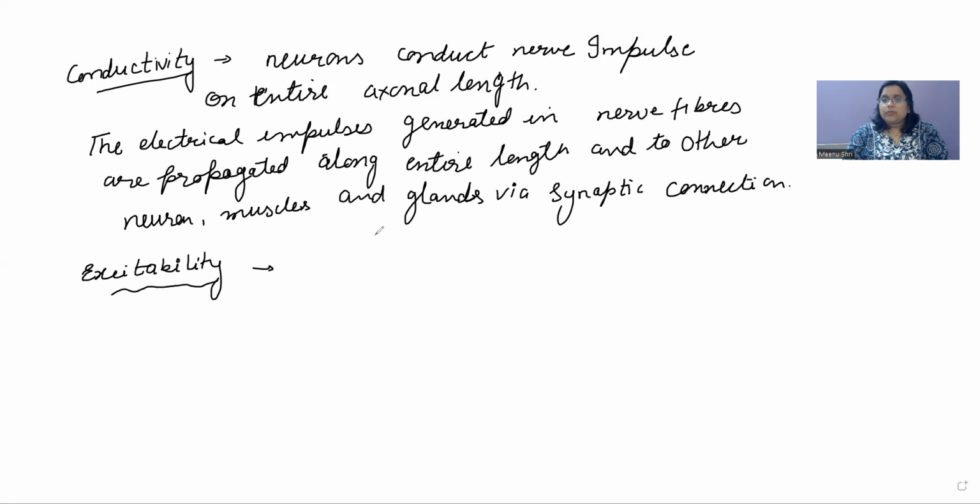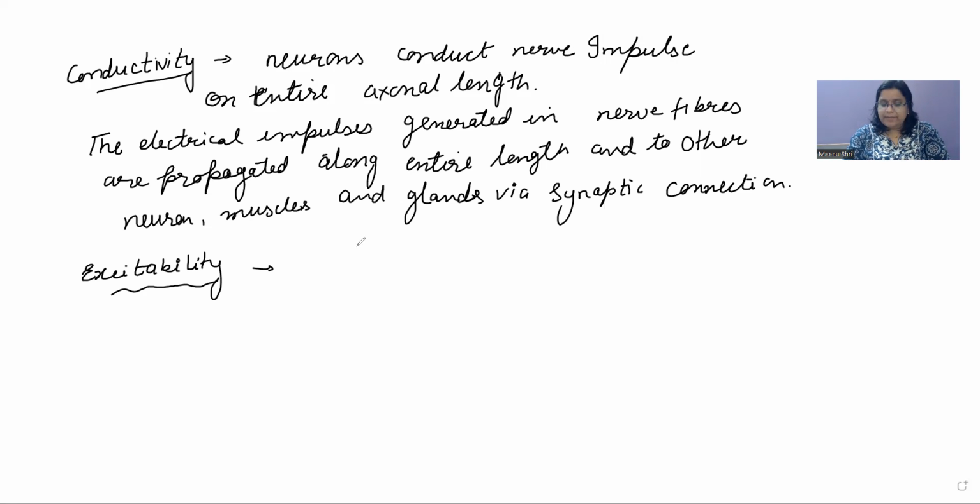When any stimulus approaches and that stimulus is at or above the threshold level, then the neurons or the nerve fiber show excitability and conduct that nerve impulse, and further the response will show.